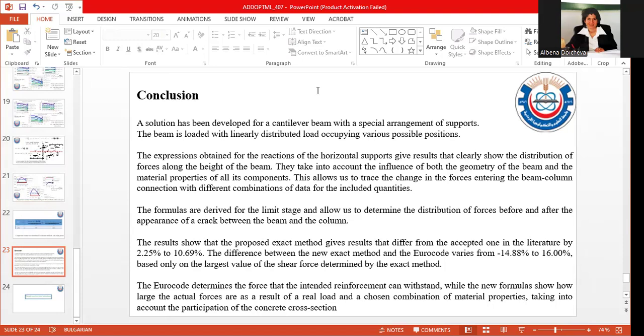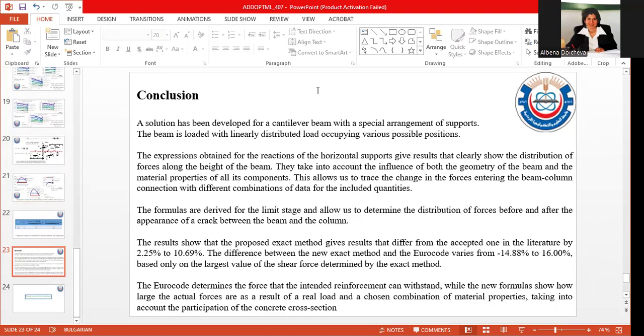The results show that the proposed exact method gives results that differ from the accepted one in the literature by 2.25% to 10.69%. The difference between the new exact method and the Eurocode varies from minus 14.88% to 16%, based only on the largest value of the shear force determined by the exact method.